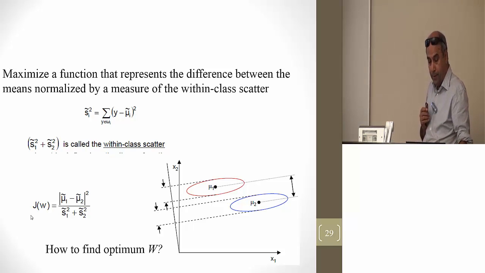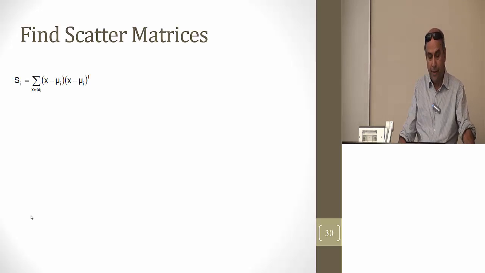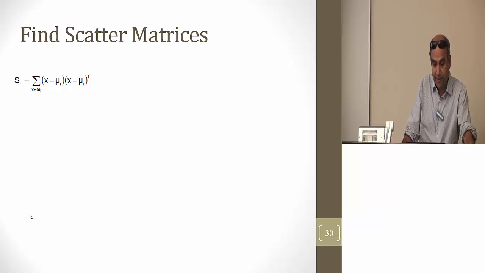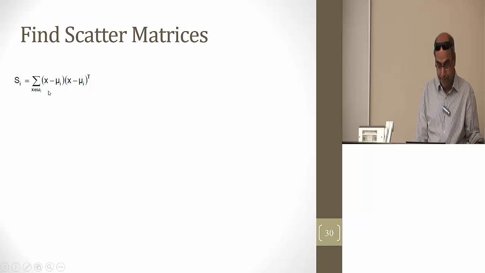Okay? So then the question is, how do we find W? In this case, we have two classes, so we just want one line. The process is that we will find the scatter matrices for each class, Si.